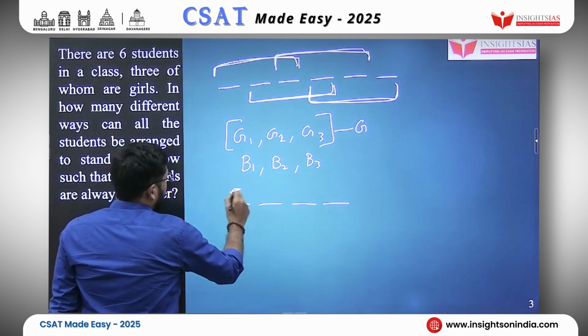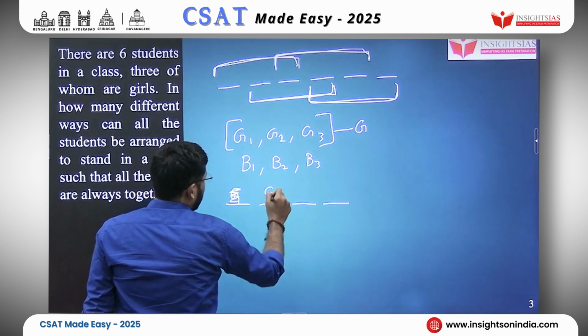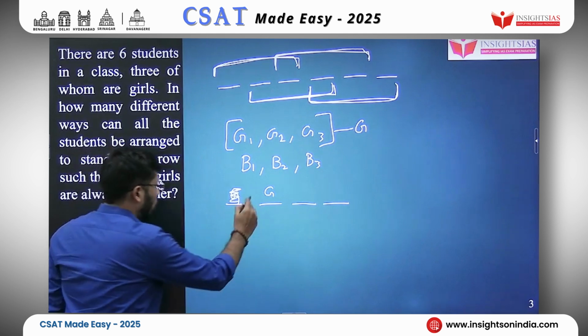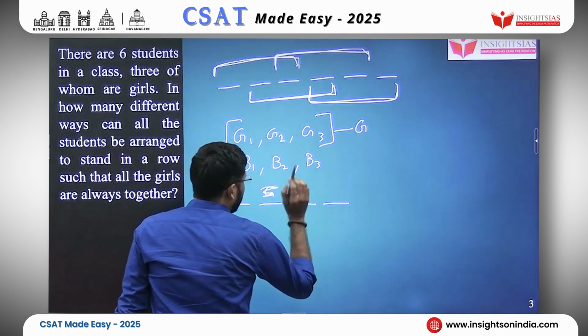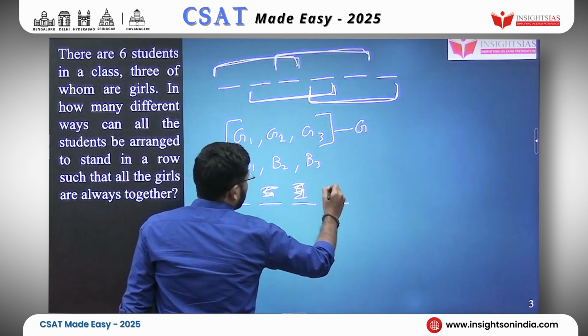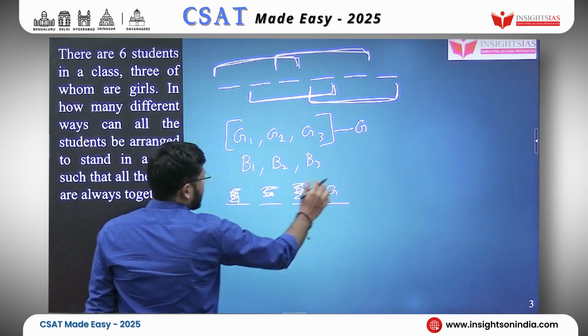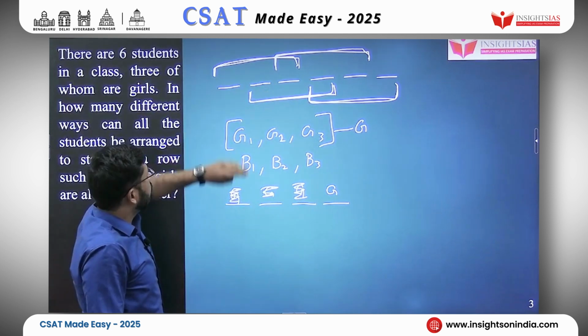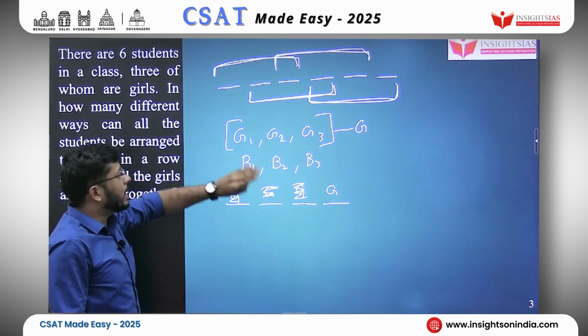Or the girls block can appear here, then 2 boys can stand here and here, and the 3rd boy can stand here. Or the block can appear here, and 2 boys can stand here and the 3rd boy there. Or the girls block can stand here, and we have 3 positions for 3 boys. It is same as this one.